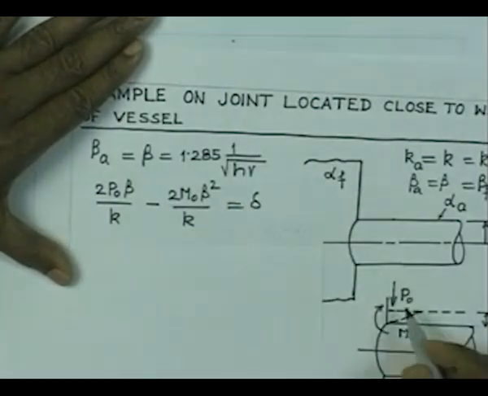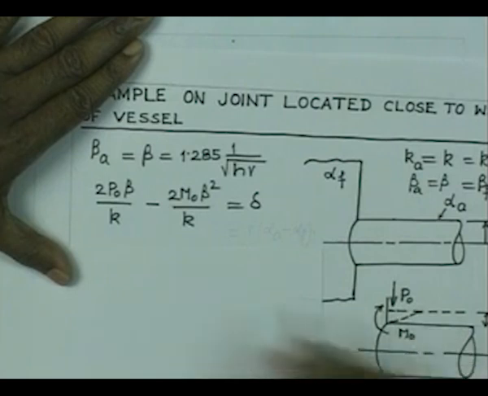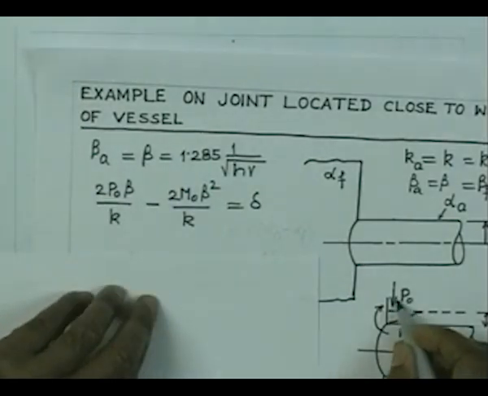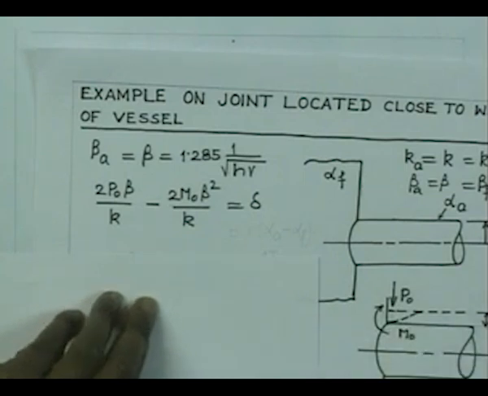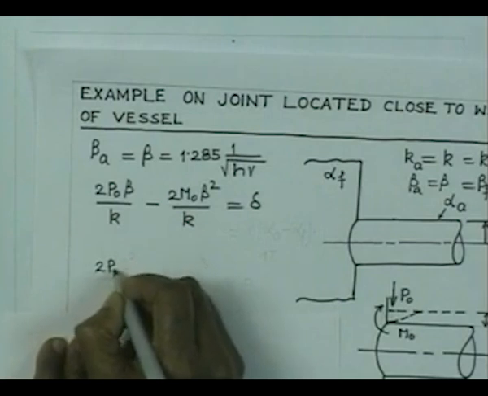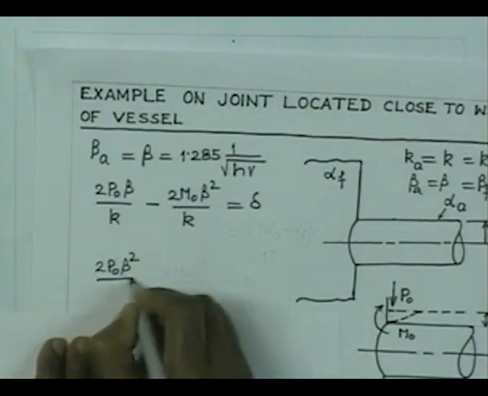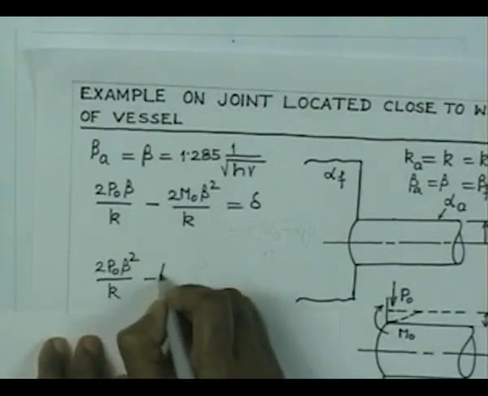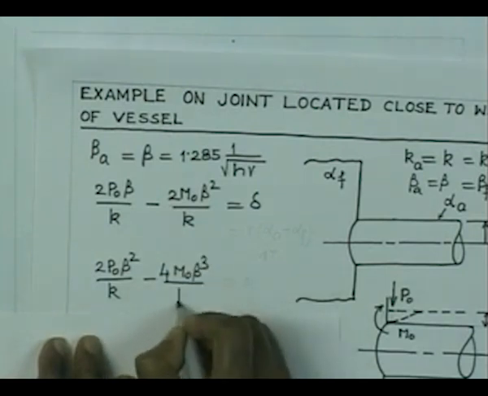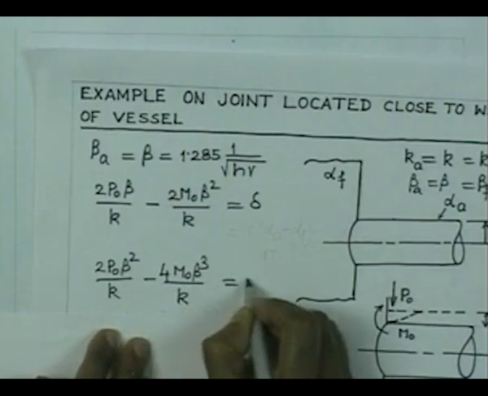Therefore, the contraction in the radial direction under the action of P0 and M0 is going to be this, and that is nothing but delta. Now, what about theta? This theta under the action of P0 and M0 is going to be 0, almost like a cantilever end, and therefore twice P0 beta square by K minus 4 M0 beta cube by K, that is the total rotation, and that is equal to 0.